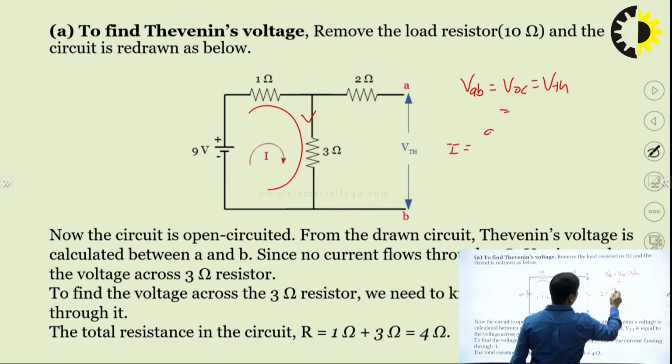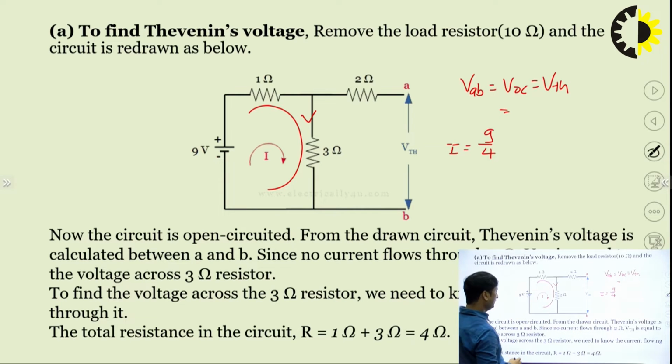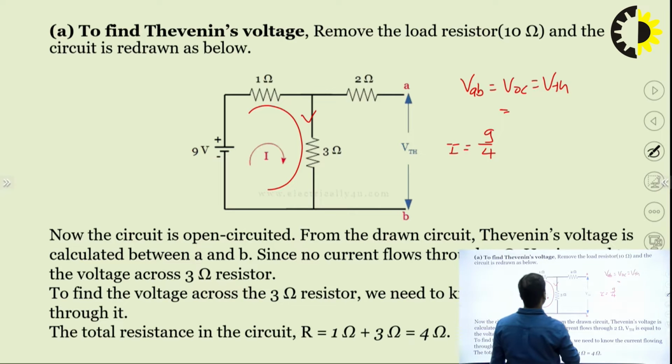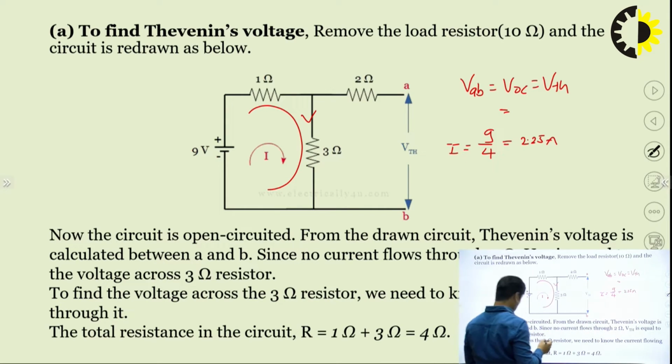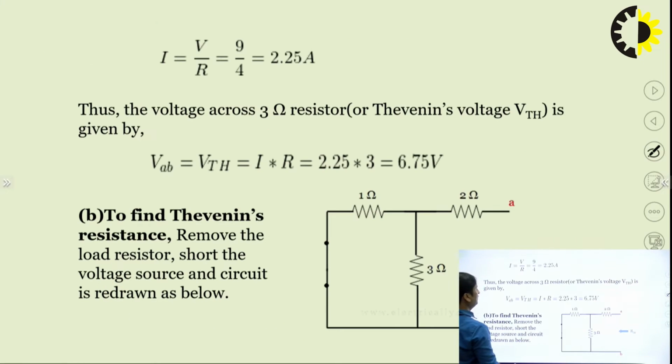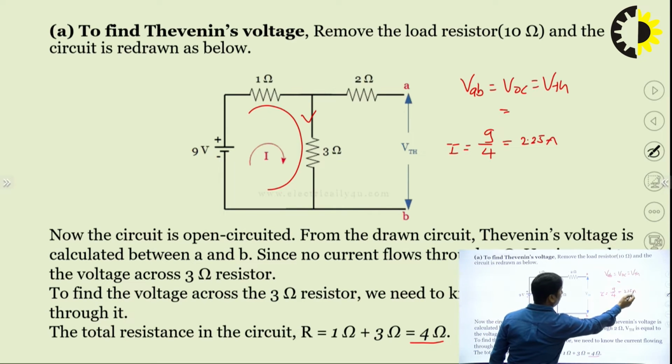So 9 by 4 gives the current, 2.25 ampere. The 4 ohm is the effective resistance, and the current is 2.25 ampere, as we have just calculated.